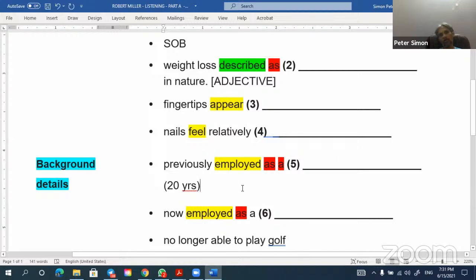Whenever you have the word "a," then it is a noun, because only to nouns you use "a" and "the." These are called articles. So here you get a noun.